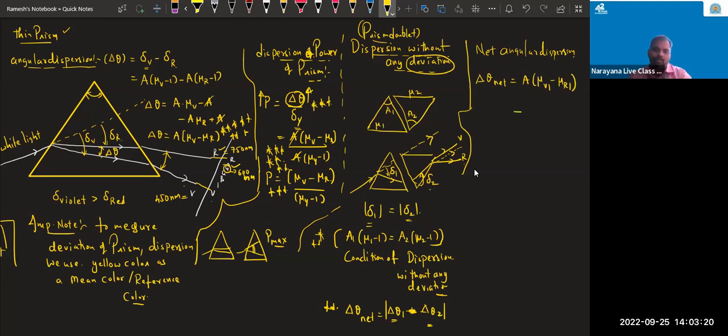Delta theta 2 value, how much? Sorry, this is A2 into mu V2 minus mu R2. This is the formula for what here? Total angular dispersion. The concept of what here? Dispersion without deviation. Okay, kindly remember.